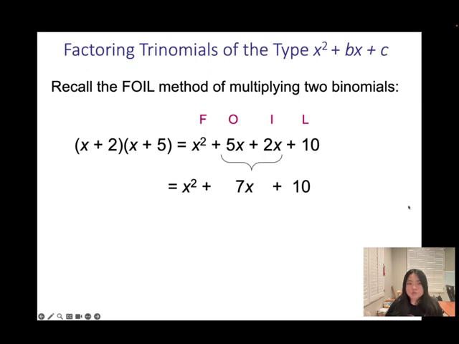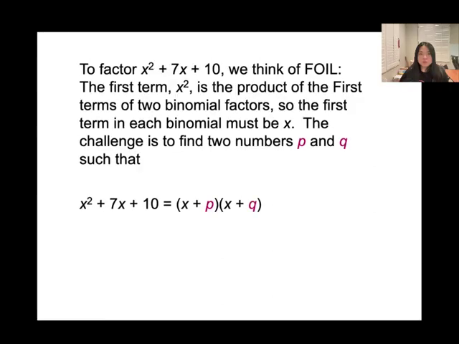Now, we want to do factoring trinomials. That means I'm going to give you these trinomials and you're going to use your method to factor them to get x plus 2 times x plus 5. So, let me write it this way. x squared plus 7x plus 10, this is my question. Since a has to be positive 1 here, the only way we could get the x squared would be x times x, right?